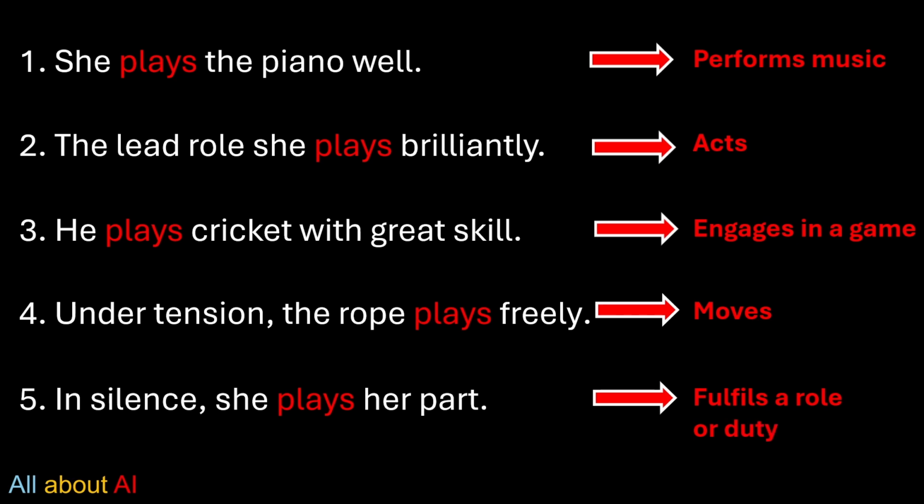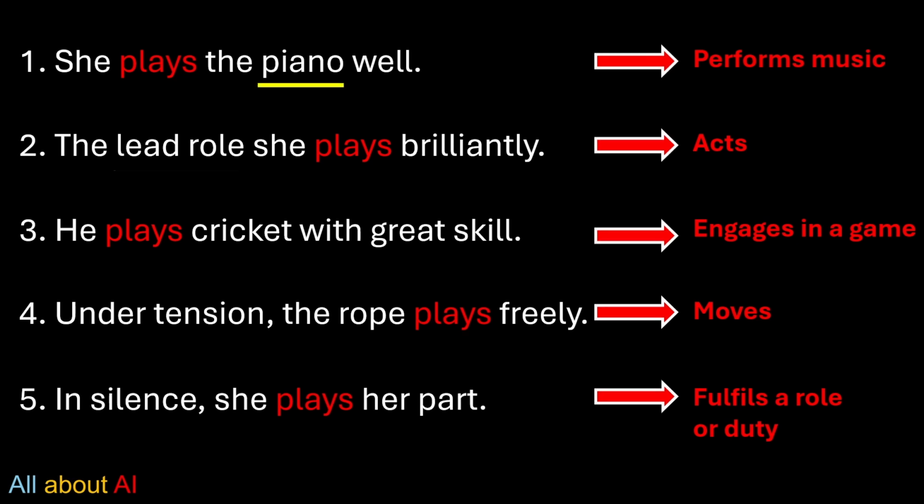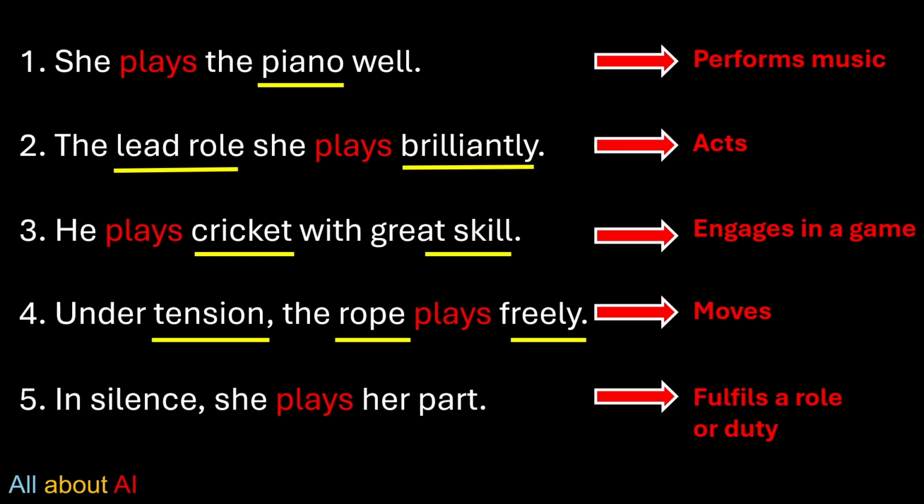So all of them have distinctly different meanings, even though the static token embedding will give you the same vector representation. If you notice, there is a close connection or relationship with some of the words in these sentences. We pay attention or focus to those words to derive the meaning.